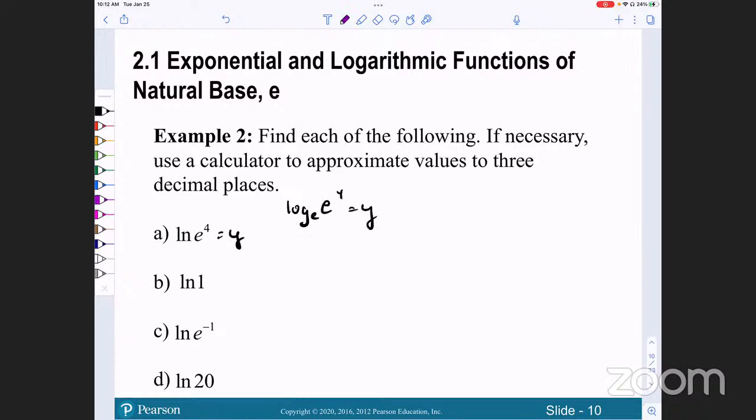Then you can swing the base and rewrite this log as an exponential. So this is the same as e to the 4 equals e to the y. Then for these 2 exponentials to be equal, y has to equal 4. Okay, that's one way of going about it.